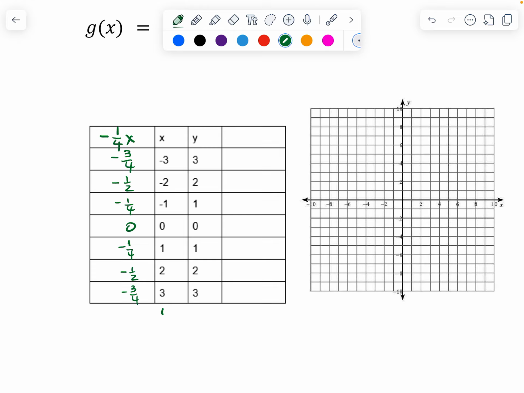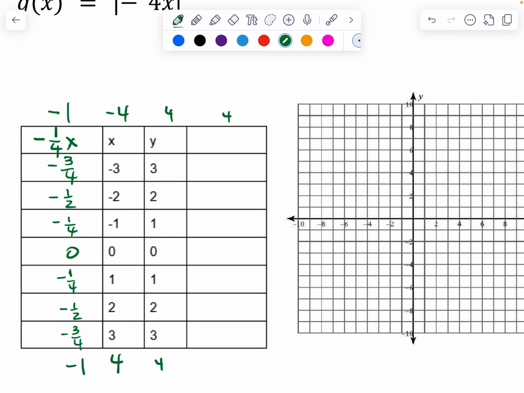Now, I'm actually going to come down here and do this, because this is actually going to get me -1. I'm going to come up here to -4, and that's going to get me -1. So this would have been 4. So -1 would be 4.